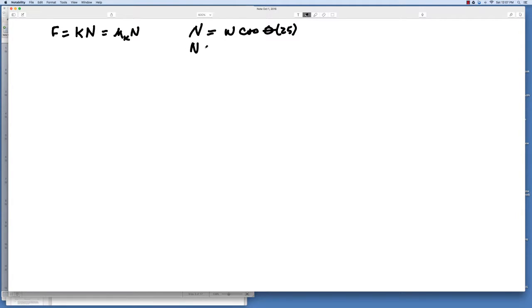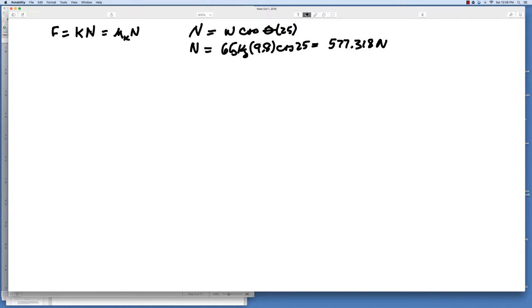So the normal is going to equal 65 kilograms times 9.8, which is the acceleration due to gravity, times the cosine of 25 degrees. If you do the math here, you get 577.318 newtons for the normal.